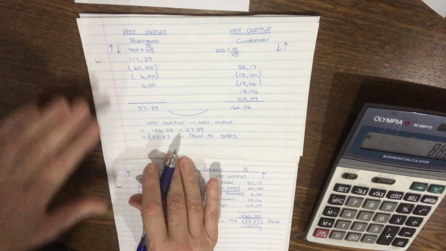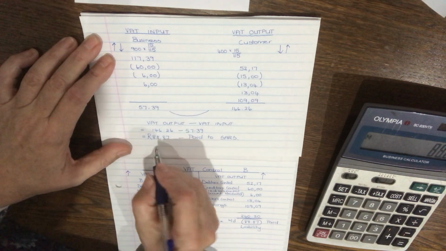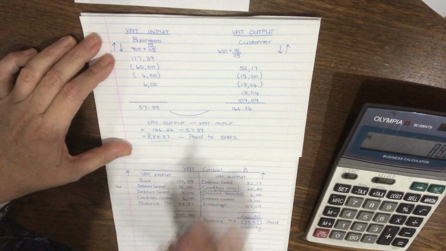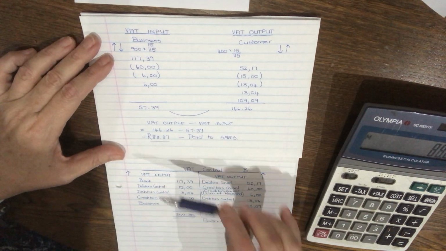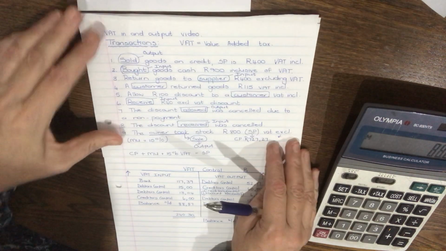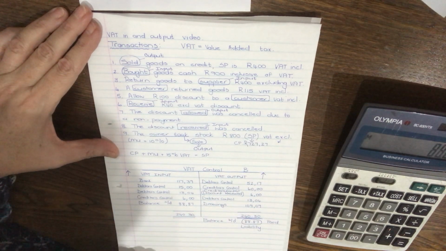And look what we got here in our 2-column activity of our previous video. 88 Rand and 87 cents paid to SARS. So can you see how we record our transactions, the same transactions, but into the VAT Control account?